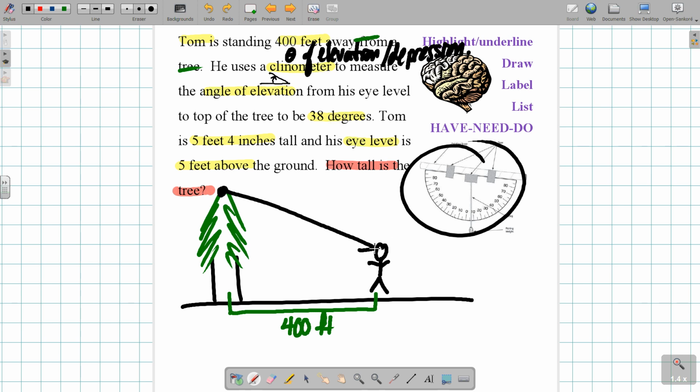So if he's measuring from his eyes, you have to draw in this imaginary horizontal line, because the angle of elevation is being measured from a horizontal going up from his eyes, and that is 38 degrees. You can bring that 400 is also from here to here.